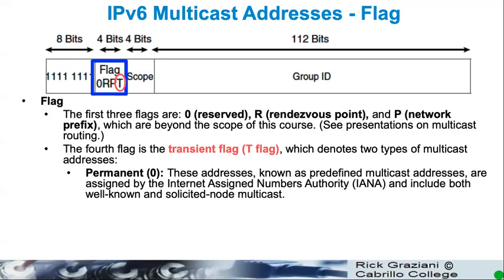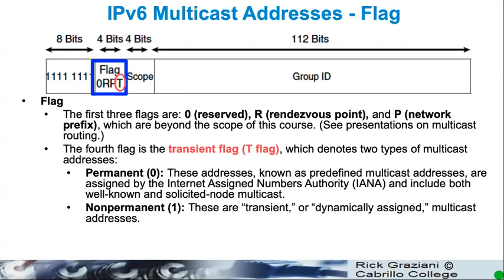And I have some examples coming up that we'll talk about. When that is a 1, it's non-permanent, transient, dynamically assigned. This is when it is assigned by the multicast application. So if you've developed an application that runs over multicast and you're using a specific multicast address for your application, then you turn this T or transient flag into a 1 bit.